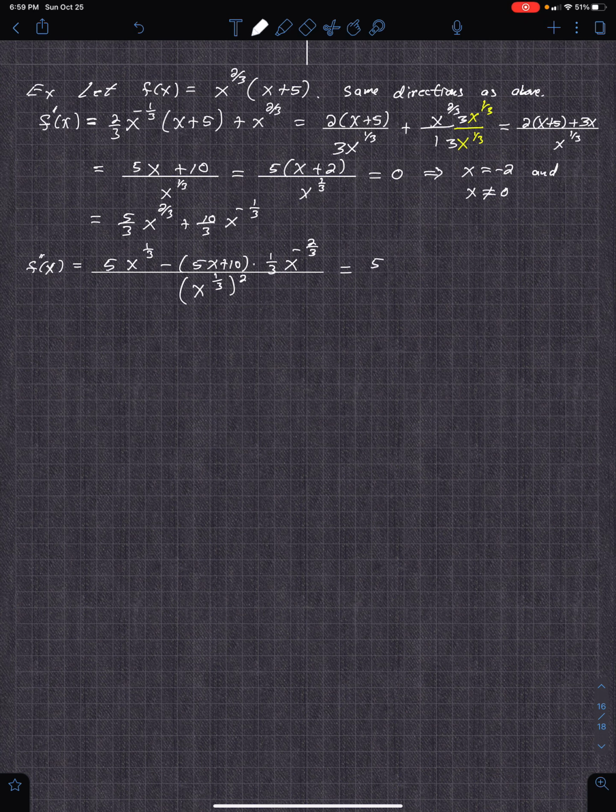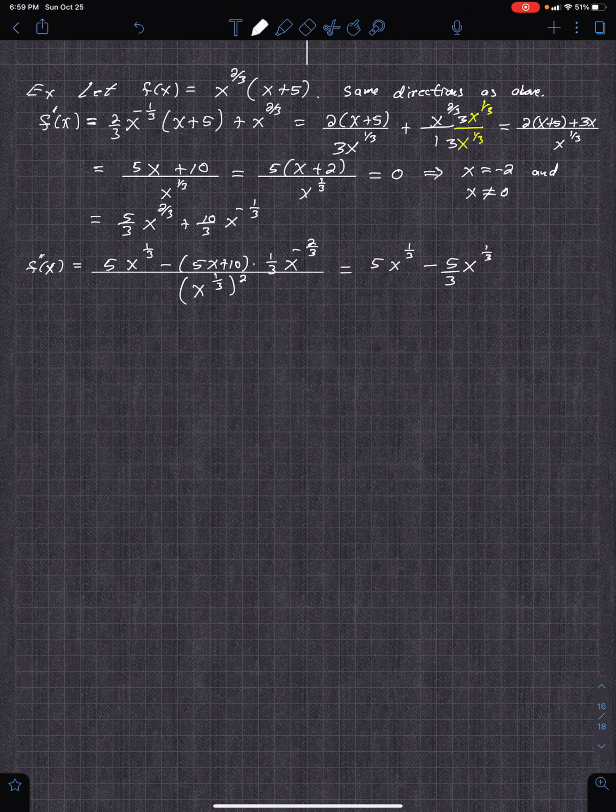So it's 5x to the 1/3, and then minus 5x to the, you're adding that up, so it's 3/3. Oh, it's actually 5/3 there. So I'm distributing this across like that. So you get 5/3, and then it's x to the 3/3 plus 2/3, so it's just a positive 1/3.